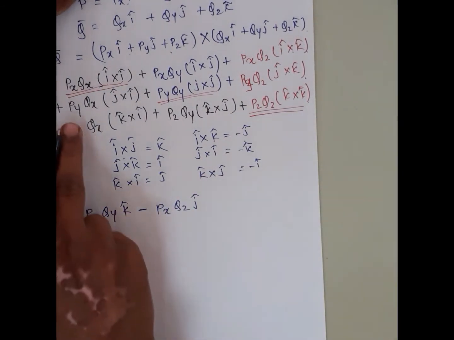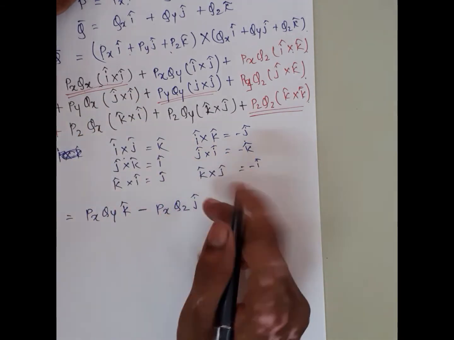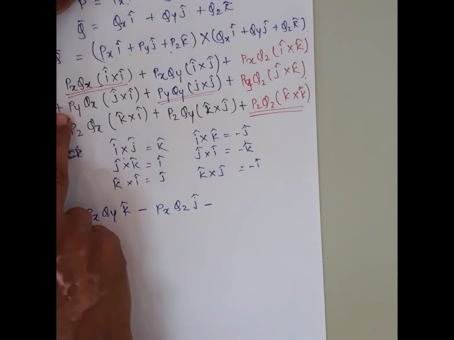Then another term is PyQx, J cross I. J cross I is minus K, so again here I write the minus sign.